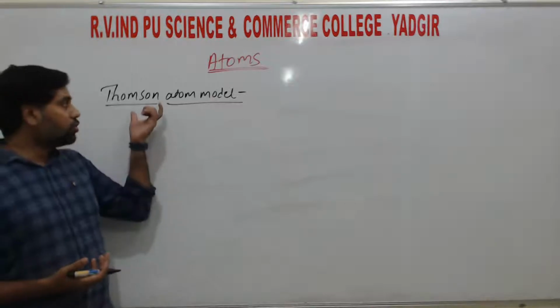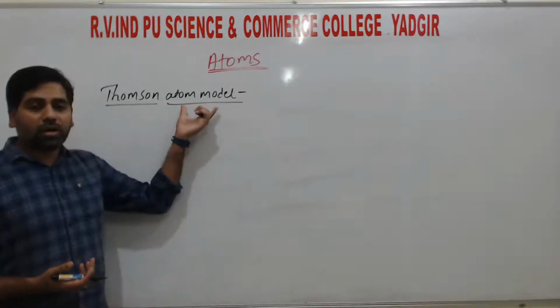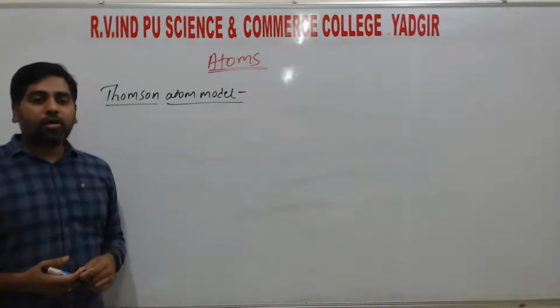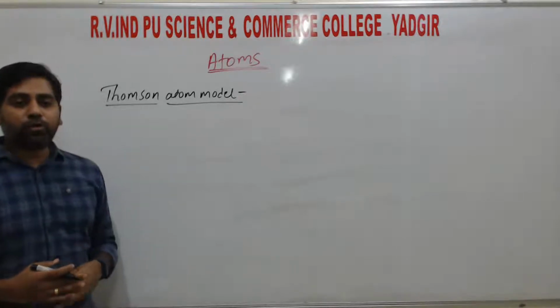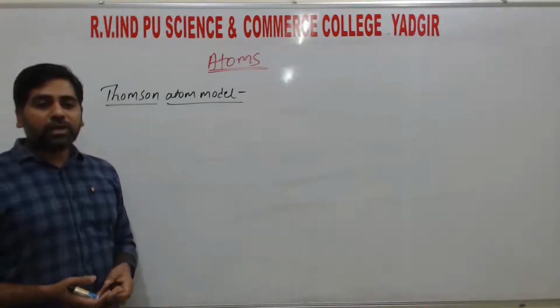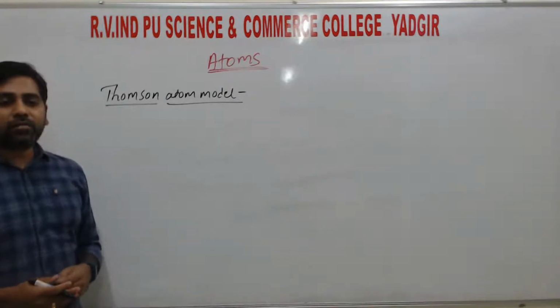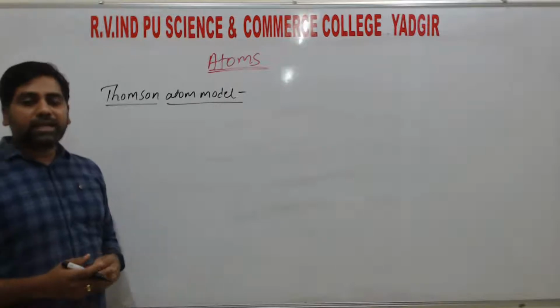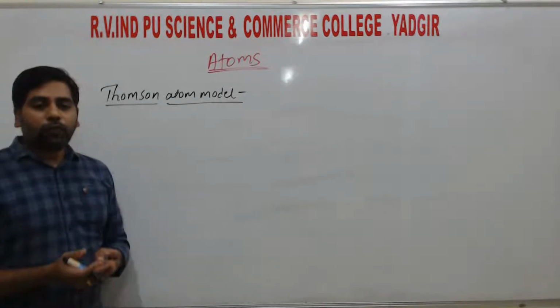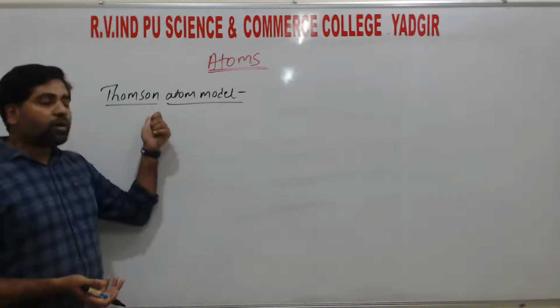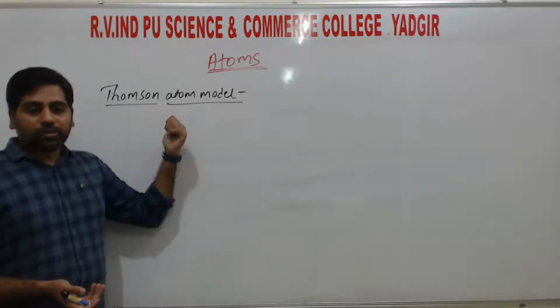So the model given by Thompson is that the total number of positive charges in an atom are uniformly distributed throughout the volume of the atom, and the negative charged electrons are embedded like seeds in a fruit, that is the watermelon fruit, right? That is given by Thompson.